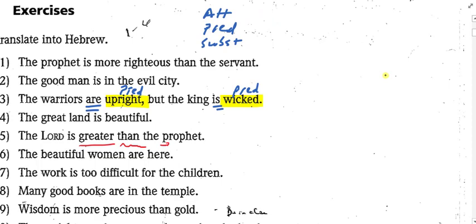Now, the warriors and the king, articular or not? Will they come with the article or no? I guess I had a yes and a no. Yes. Okay, I'm going to expect the article on these forms, right? So predicate adjectives, well here, let me back up. Attributive adjectives will agree with their nouns in which ways?